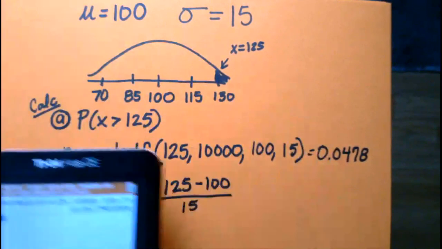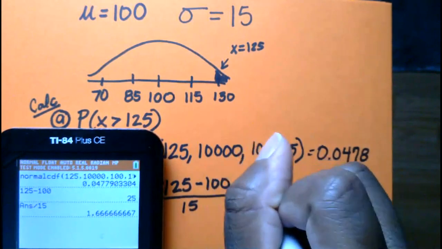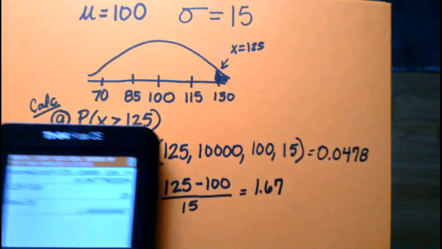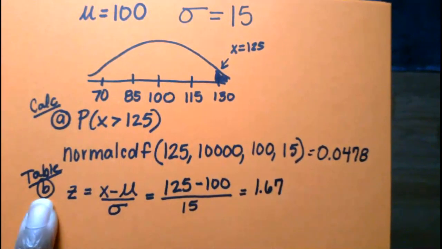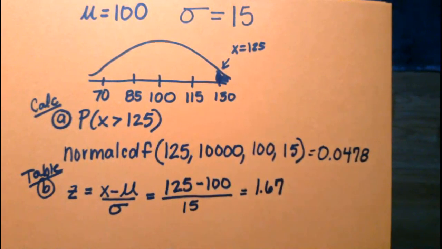Just be careful when you're putting this in the calculator to put it in the correct way. So this is 125 minus 100, enter, divided by 15. Gives us a z-score of 1.67. As a reminder for the table, we use 2 digits because our table has 2 digits. So let me get out my handy dandy table.